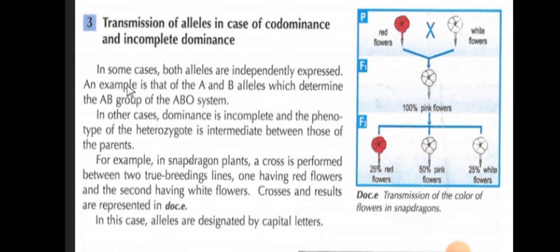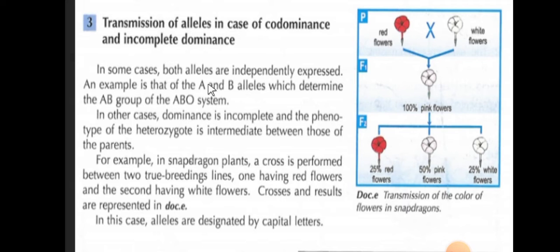There is another example, which is the ABO system. An example is that of the A and B alleles, which determine the AB group of the ABO system. If the individual has alleles A and B, his blood group is AB, so both alleles are expressed.